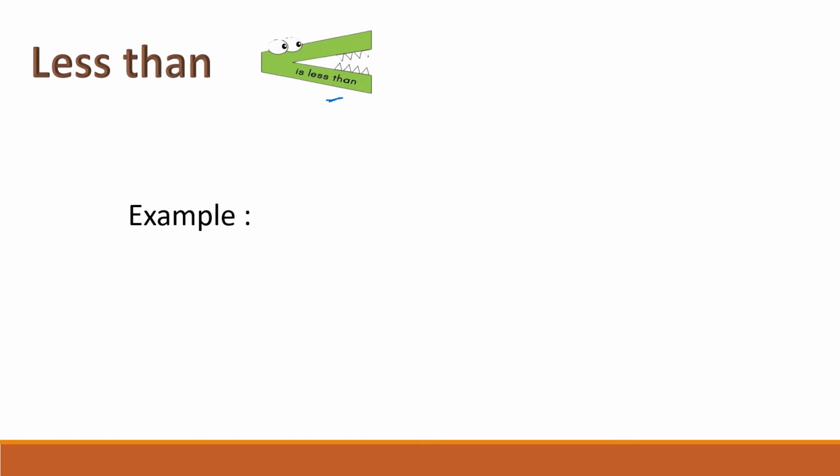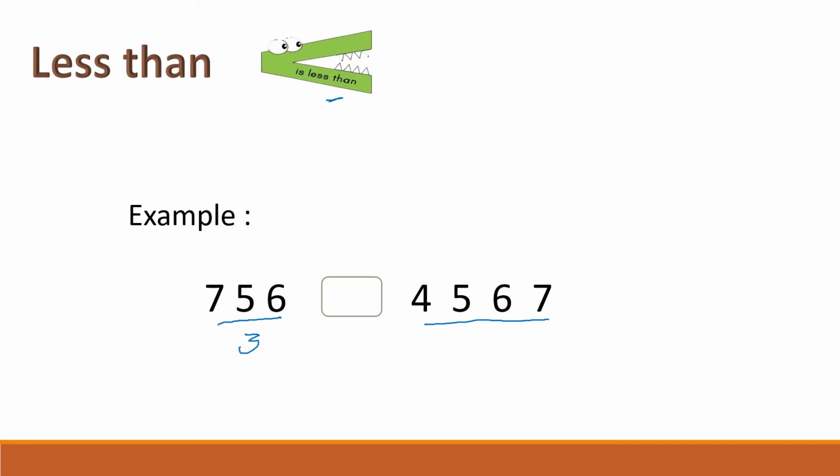For example, here I have taken two more numbers. Here the first number is 756 and the second number is 4567. First find out the number of digits. On the left hand side we have 3 digits, on the right hand side we have 4 digits. Here which one is bigger, 3 or 4? 4 is bigger.